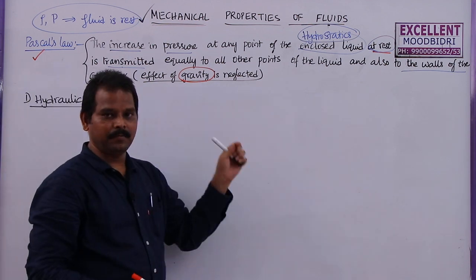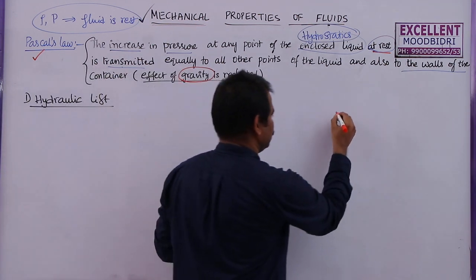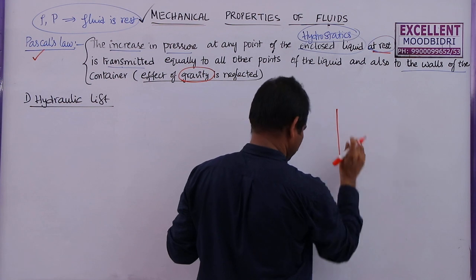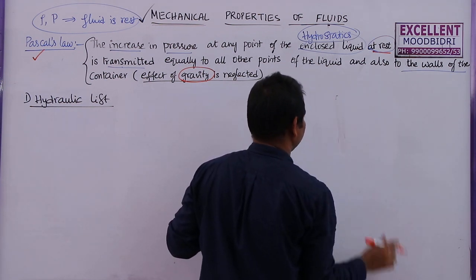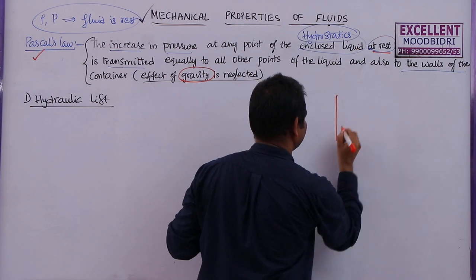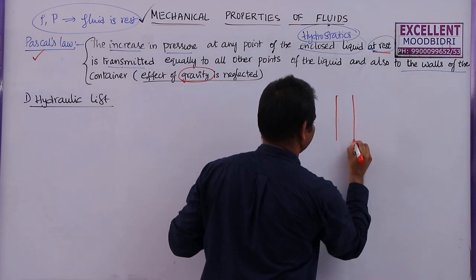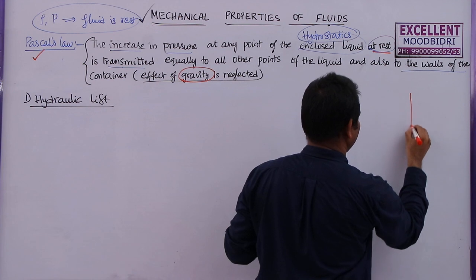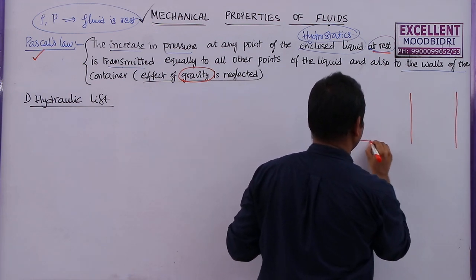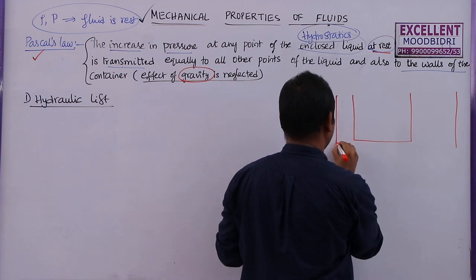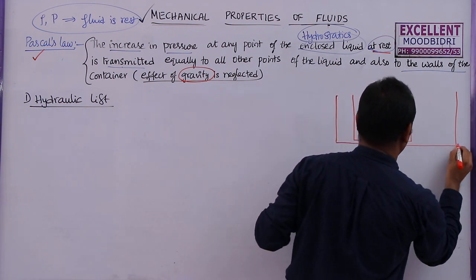The hydraulic lift consists of two cylinders here. So this is the first cylinder, and this is one more cylinder whose area is more, and these two cylinders are connected with the help of a narrow tube here at their bottom.